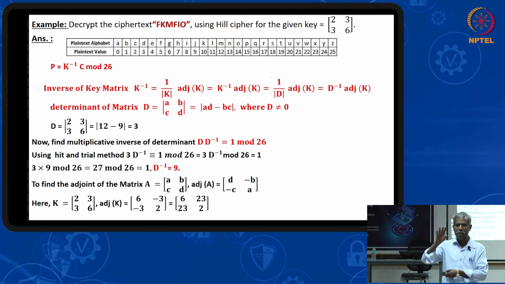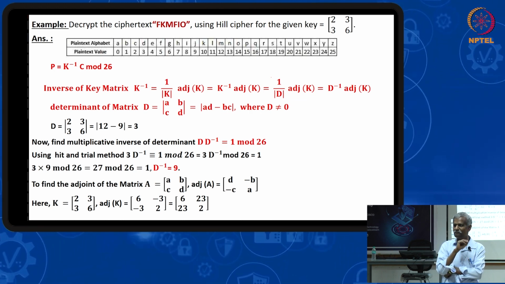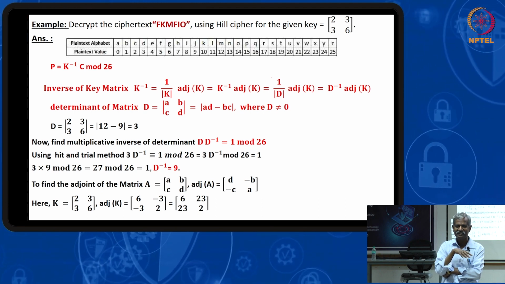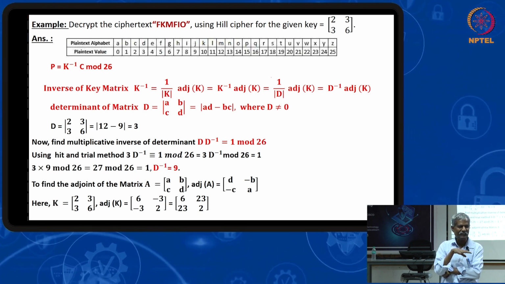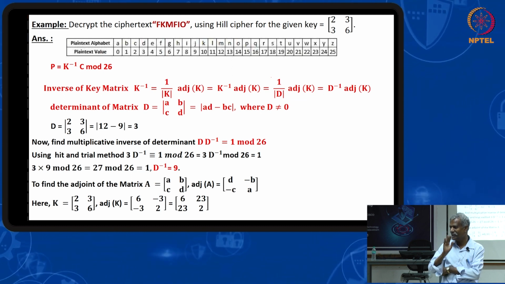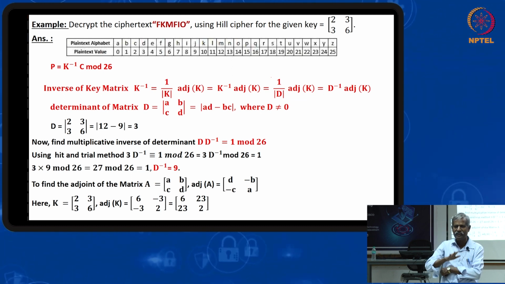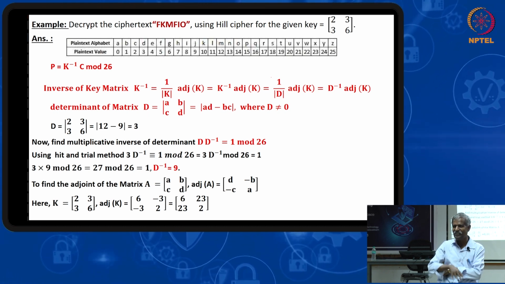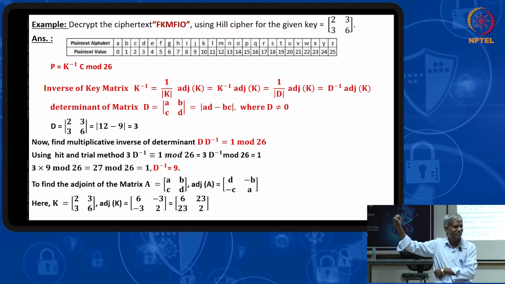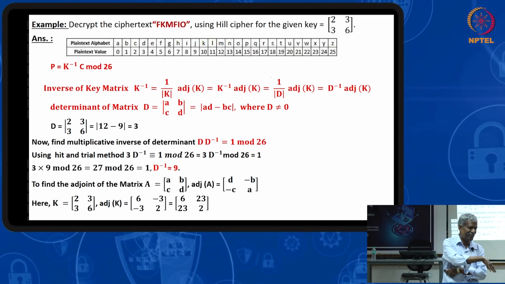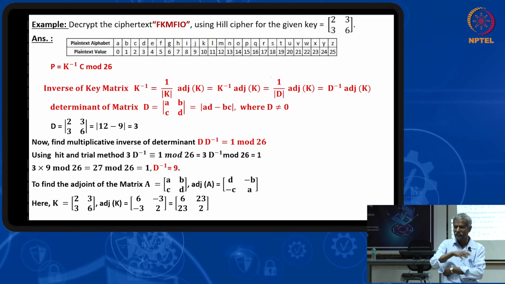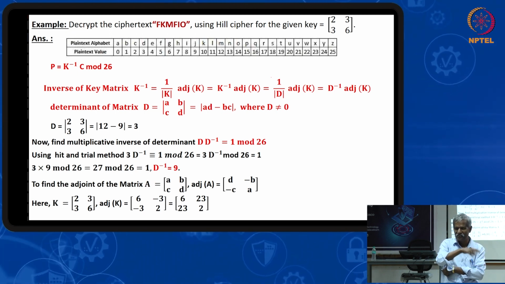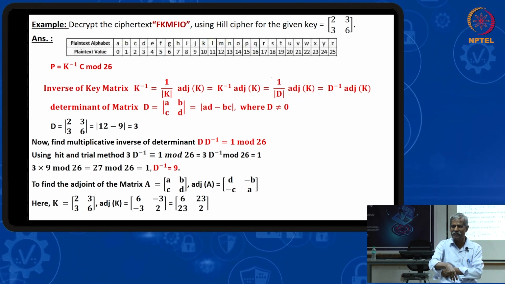After that, are you able to understand this? Mod 5, if I take 6 mod 5, how much is it? 1. 11 mod 5? 1. 16 mod 5? So in modulo 5 algebra, 6 equals 11 equals 16 equals 21 equals 26 equals 31 equals 36, etc. Similarly on the negative side also it can come. 1 minus 5 equals minus 4, so minus 4 and 1 are equal in modulo 5 algebra.